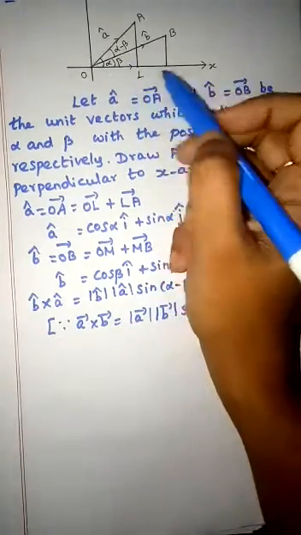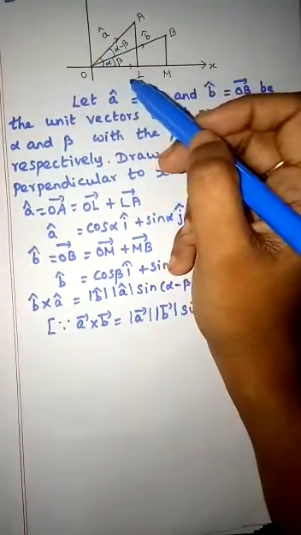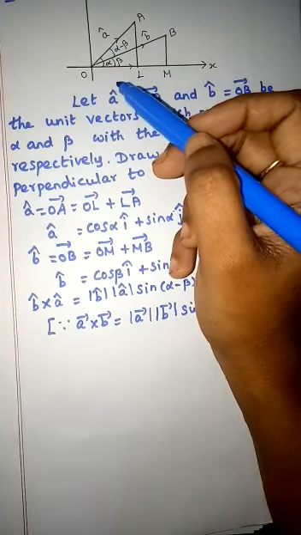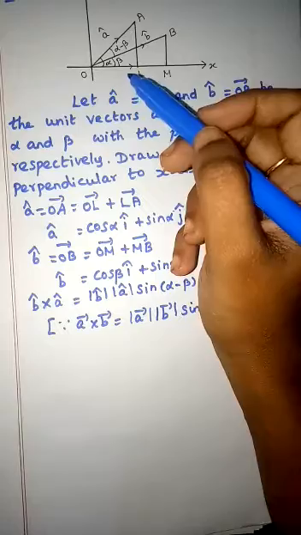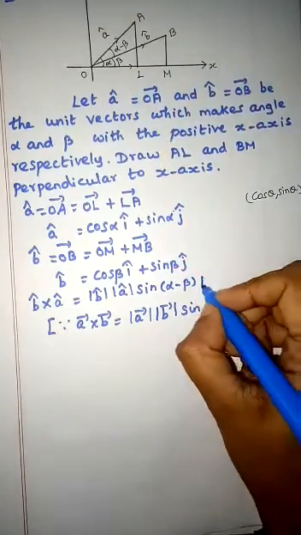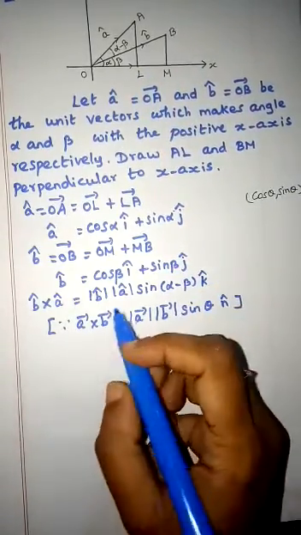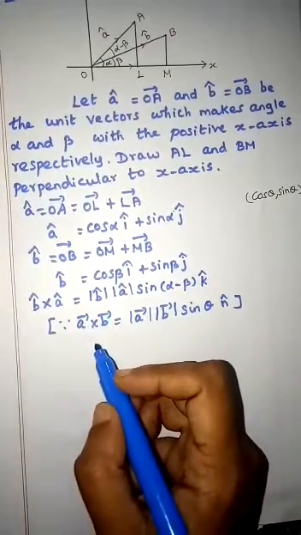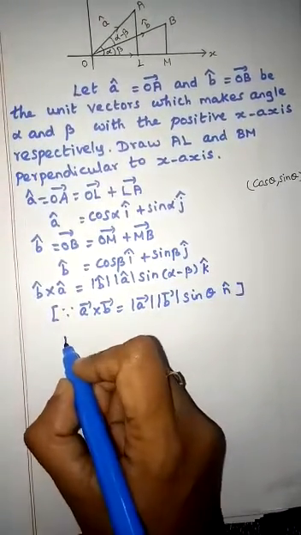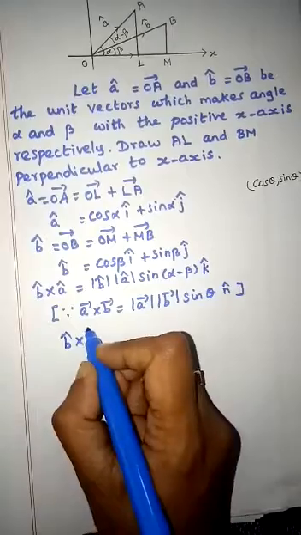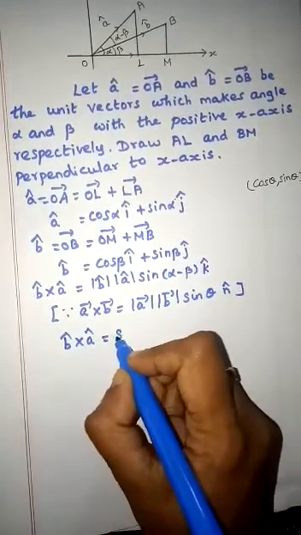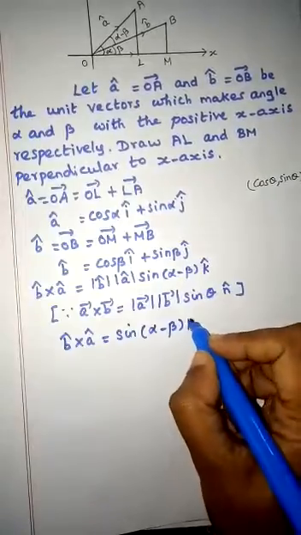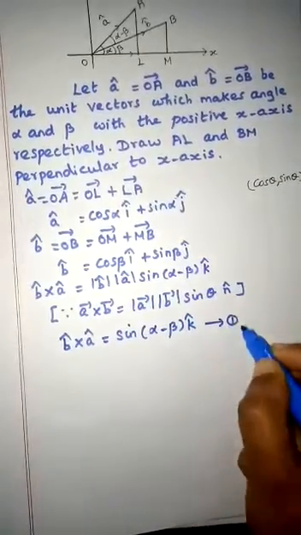This A vector and B vector are in the xy plane, so the axis perpendicular to it is the z axis, where the direction is k cap. These two moduli are 1 because they are unit vectors. So B cap cross A cap can be written as sine of alpha minus beta into k cap. Mark it as equation 1.